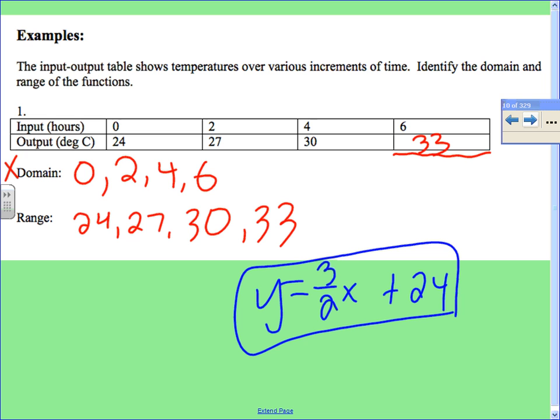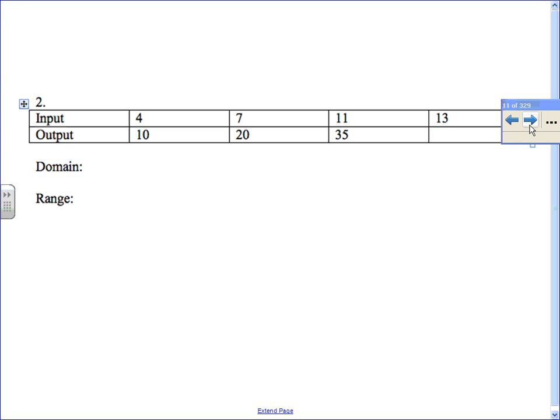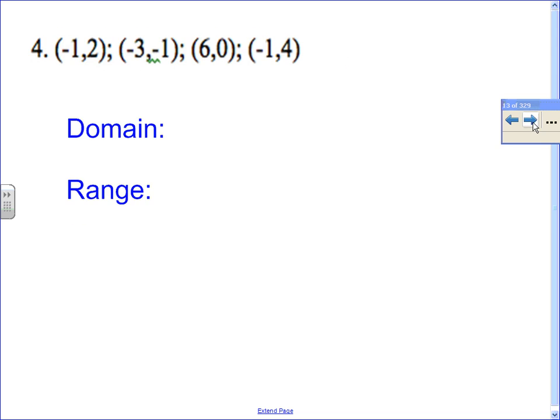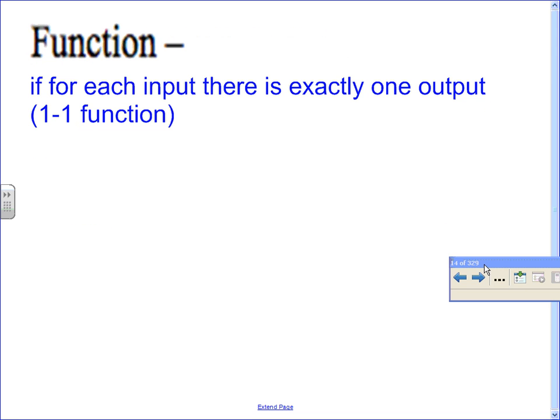Okay, so eventually we're going to write equations for functions, which I'm going to show you how to do. Let's go to, I'm actually going to skip that. That's too easy. Go to where it says function, about a third of the way down the page. I want to end class here with at least talking about this.